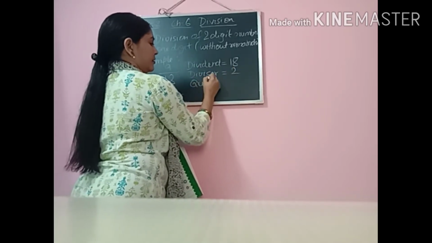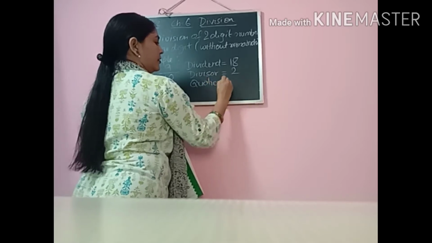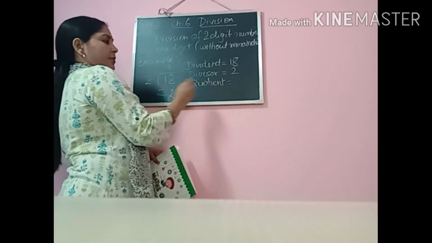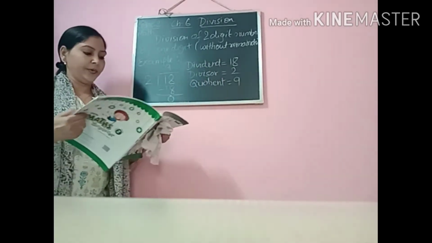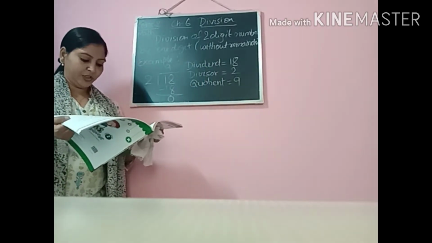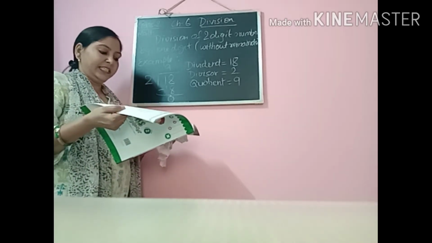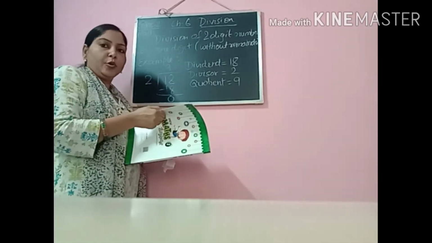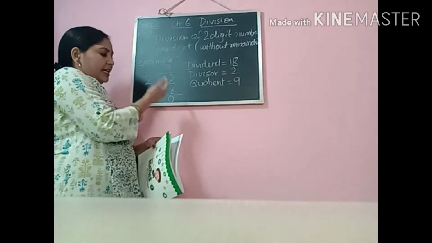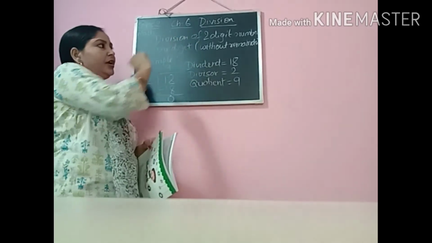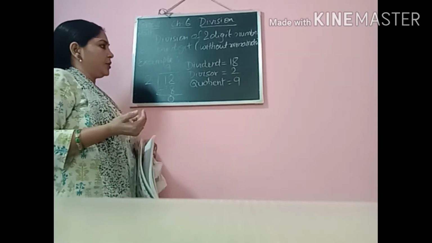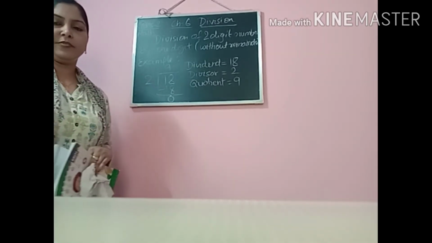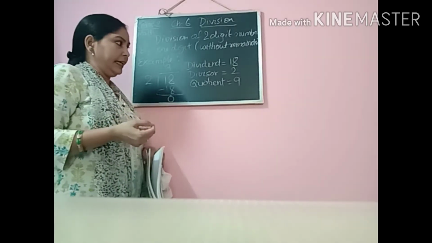Quotient means this one, which is 9. So in this way, you will be doing page number 94. All divisor, dividend, quotient. You don't have to find out the remainder, because the remainder will always be 0 in case of without remainder questions.